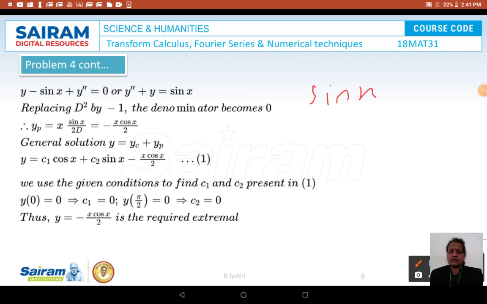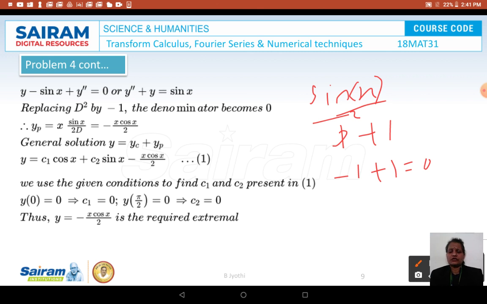So d square has to be replaced with minus 1 square, that is the coefficient of x in the sin x. So we get minus 1 plus 1, which will be 0 in the denominator.